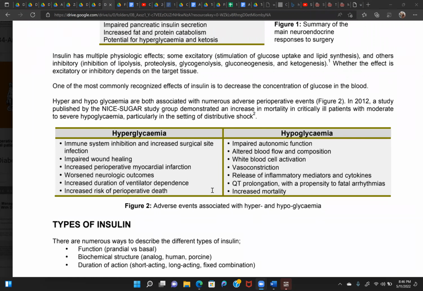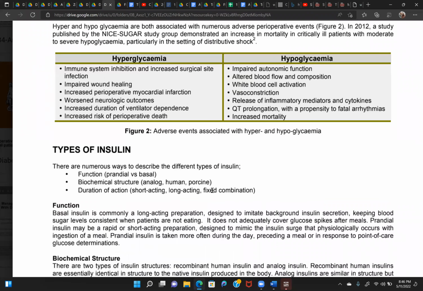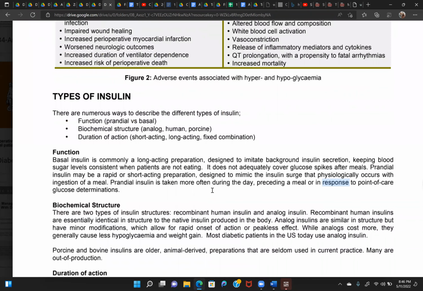Similarly, hypoglycemia is more dangerous than hyperglycemia. Acutely, there will be more effect with hypoglycemia, because if the patient becomes hypoglycemic, there may be irreversible damage to the brain tissue.